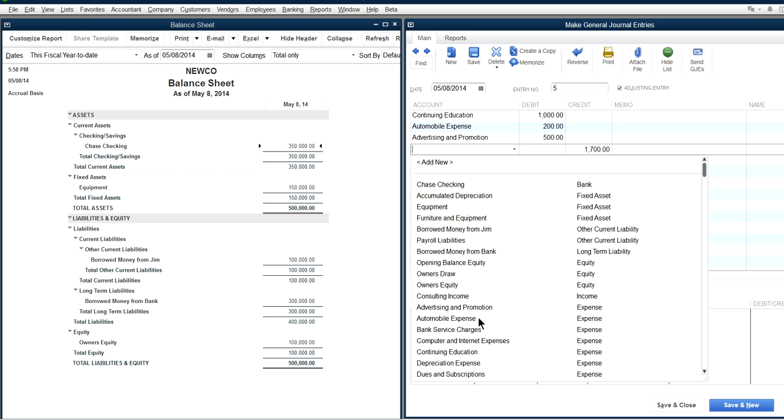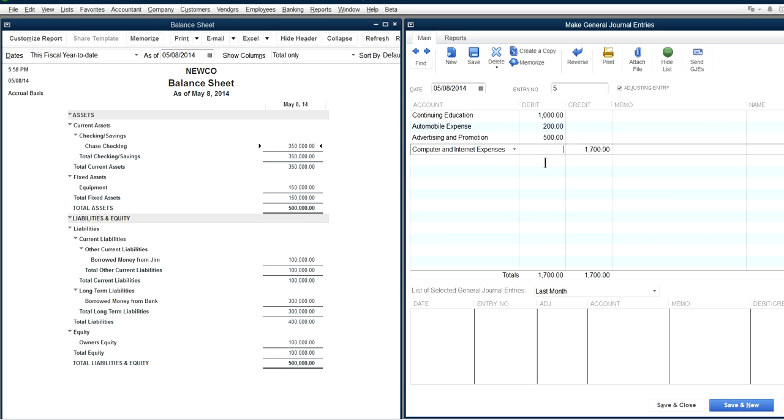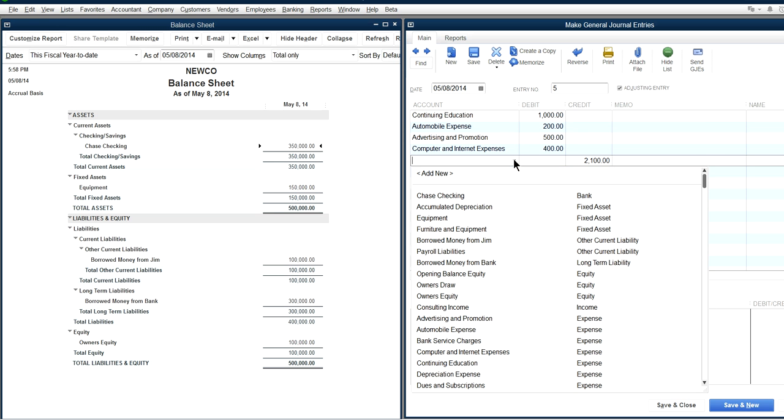And let's say you bought some small computer supply stuff, another $400. So altogether you spend about $2,100, and the money came out from Chase checking account.